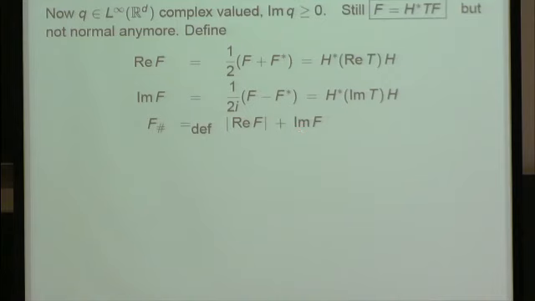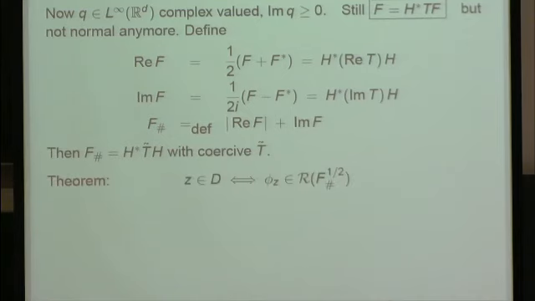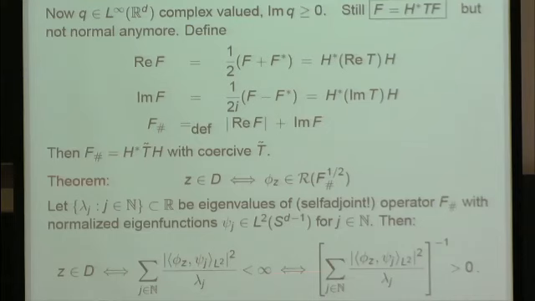So you apply the whole thing on this operator instead of f. The hard part is now to prove that this also has a factorization with the same h here, but with some operator t tilde. The difficulty comes because of the absolute value here. But you can do that, and then you have the same kind of theorem, but now you take the eigenvalues and eigenfunctions of the square root of this operator instead of the operator f itself.